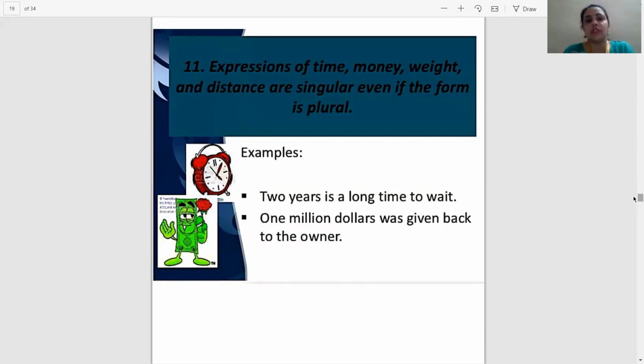If you see two 10 rupees notes on the table, you can say there are two 10 rupees notes on the table. But if you say a 10 rupees note is on the table. Clear? So expressions of time, money, weight, and distance are always taken as singular.